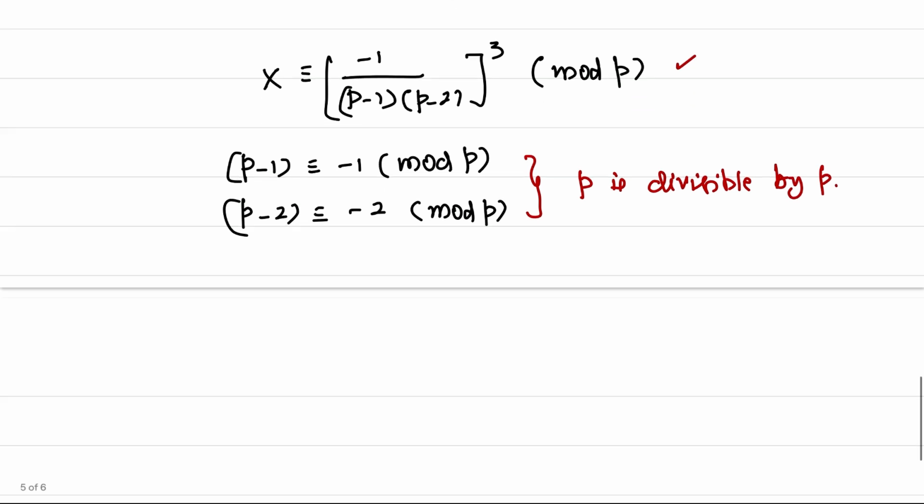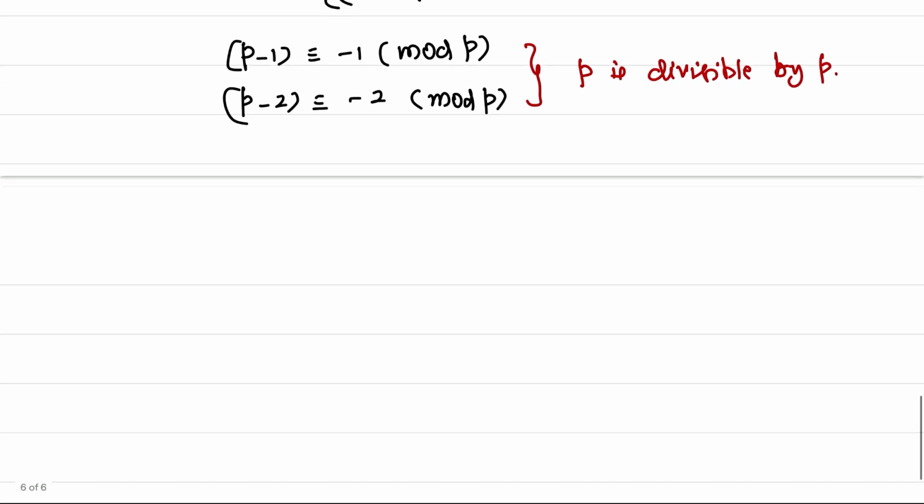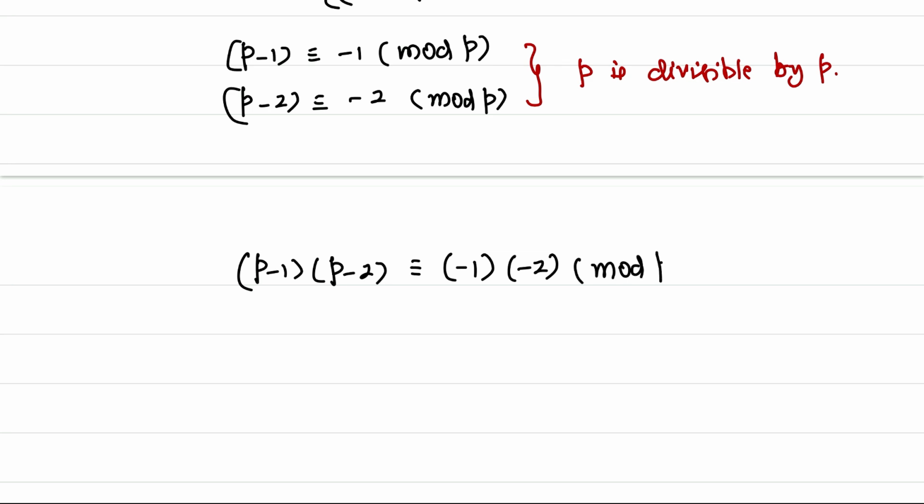Now, (P minus 1) into (P minus 2) equivalent to minus 1 into minus 2 mod P. These are all simple things, but we have to use our intuition and sharpness while writing the examinations.